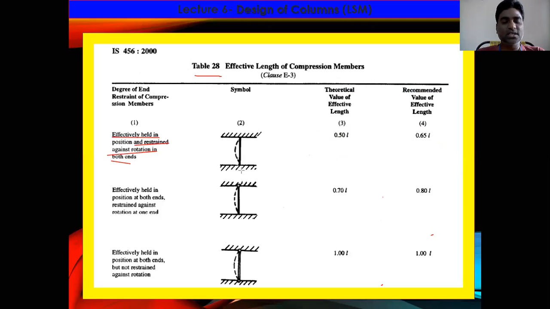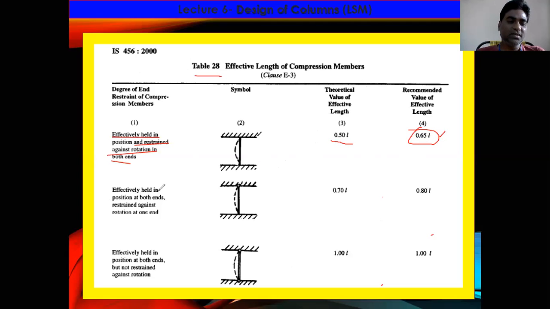That means both ends are fixed. In this case, the theoretical effective length is 0.5 L, but the recommended value is 0.65 L. That we have already seen, so I told this recommended value 0.65 L when both ends are fixed.